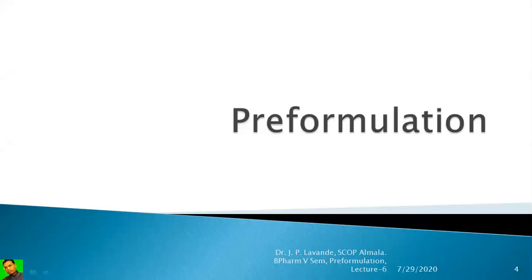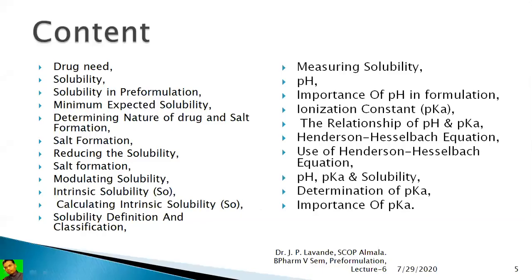So we are studying pre-formulation, and these are the contents related to this particular lecture. In our previous lectures, we had already studied the definition of pre-formulation, the crystal structure, the amorphous form.